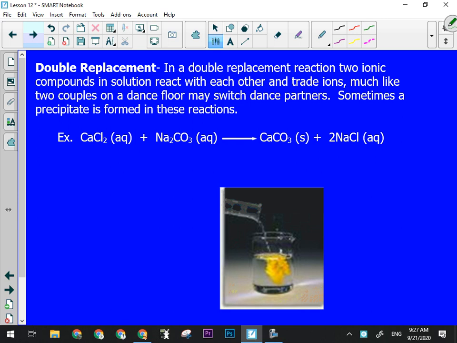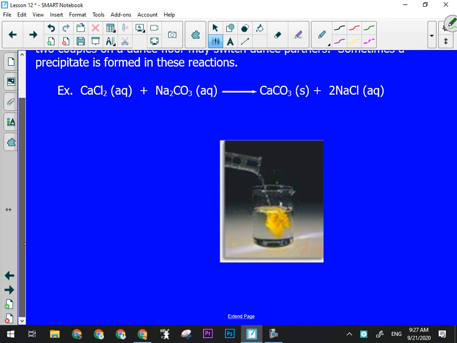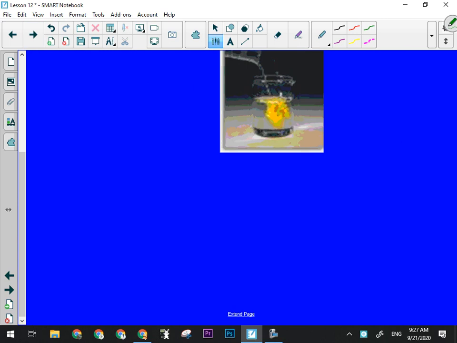How many sodium here? 2. How many carbonate? 1. How many carbonate over here? It is balanced. That's what you do to check if it's balanced. You actually have to do that. Check 1, check 2, check 3. It's kind of cumbersome, but that's how you check. All right, let's try balancing one that's a little bit different.